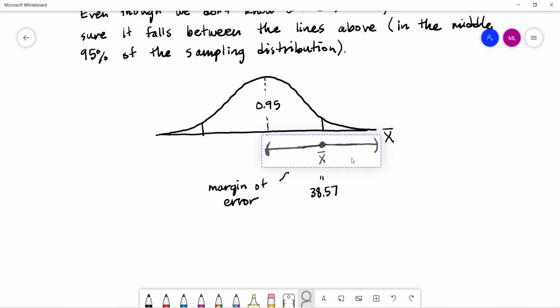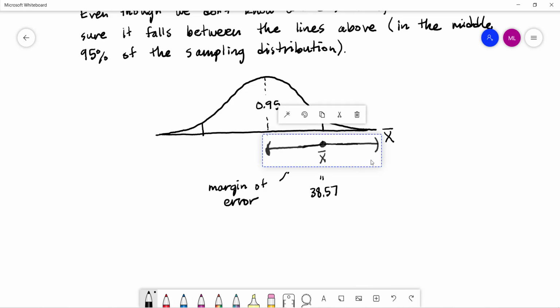And as I start sliding it to the left, the point that I'm interested in is this dot right here. This is the dot that I'm following. This is where x bar is.